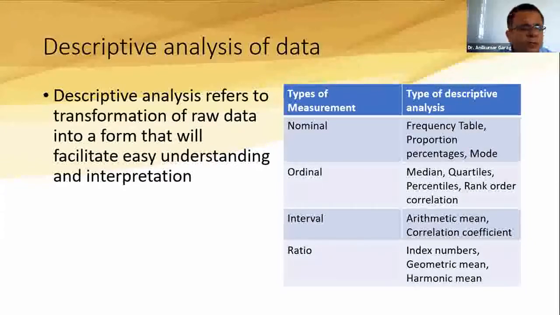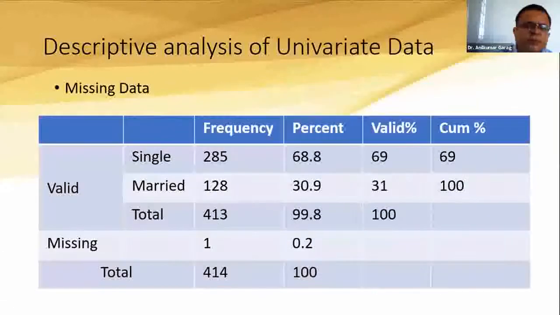And if you have collected ratio data, then you describe it by calculating index numbers, by calculating geometric mean, harmonic mean, etc. So that's how you use these different scales and how you do analysis of those different scales.